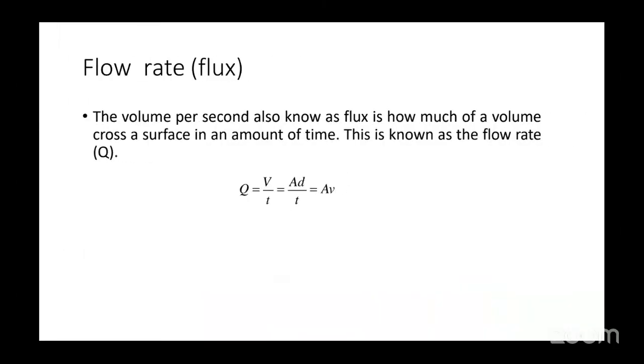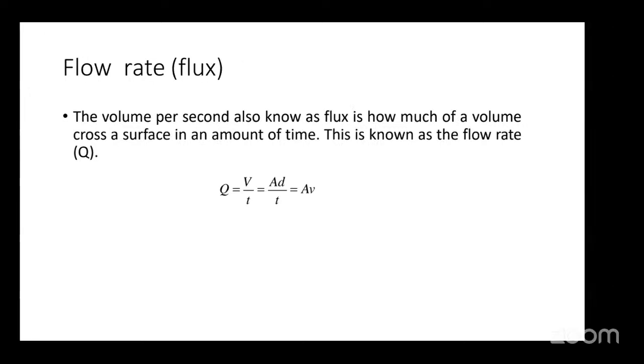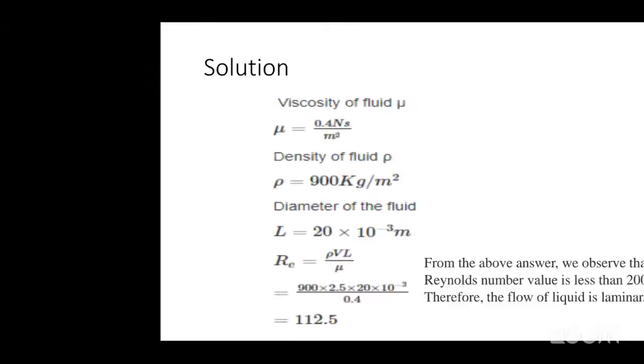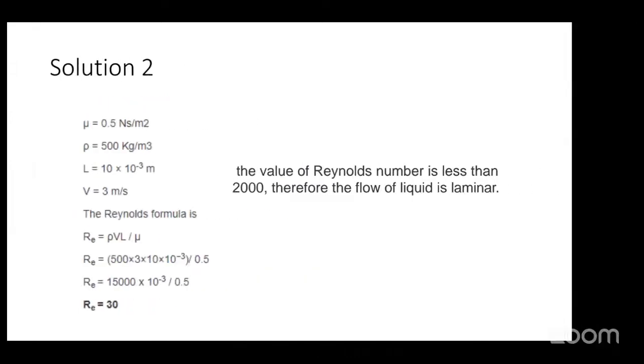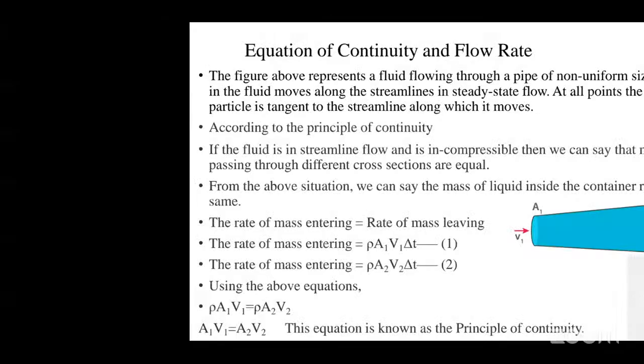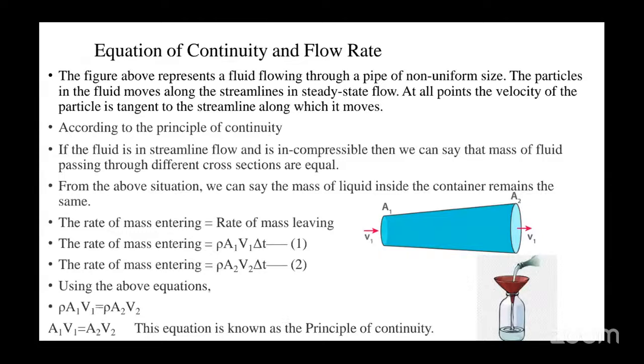We discussed flow rate. Q is equal to V over T. That is the volume of fluid crossing a given path at a given time. And then we derive our continuity equation from the flow rate equation as A1 V1 is equal to A2 V2.